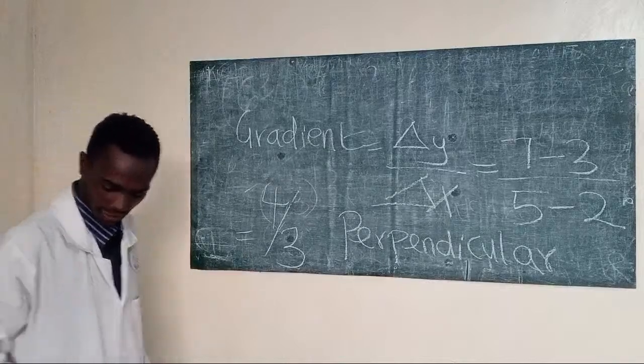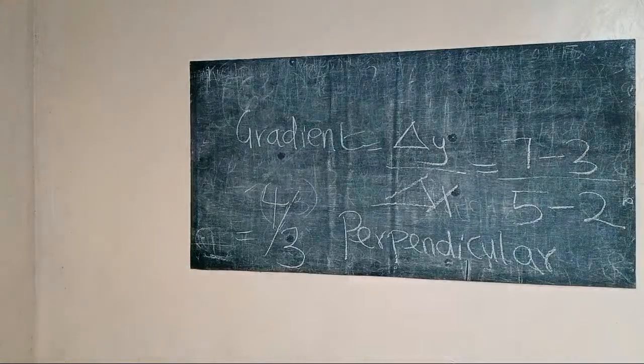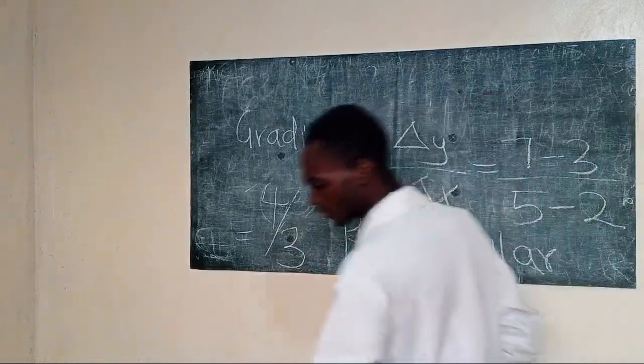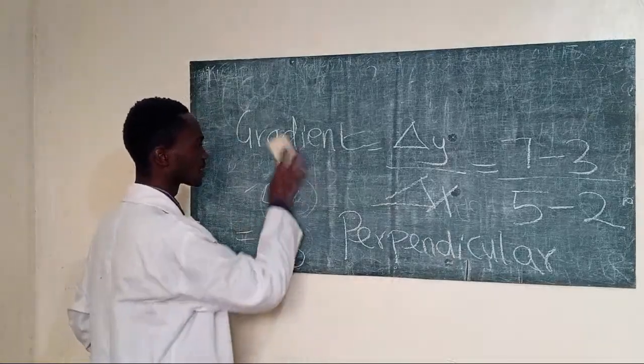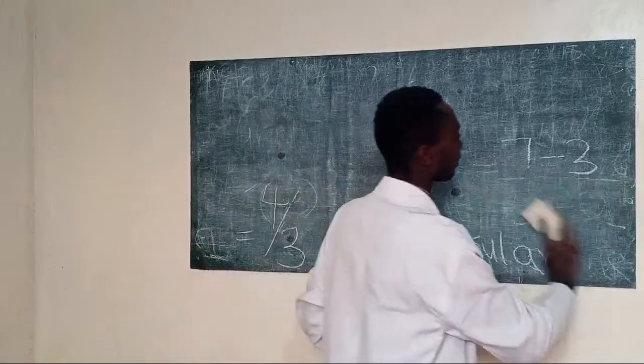Perpendicular ni line zinazo meet at 90 degrees. That is what we mean by perpendicular.